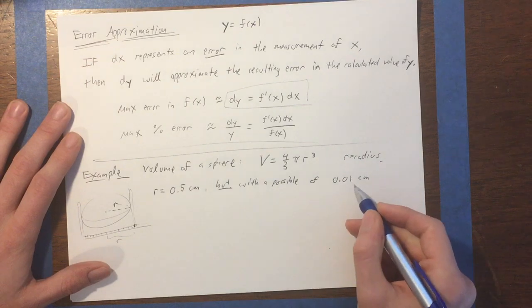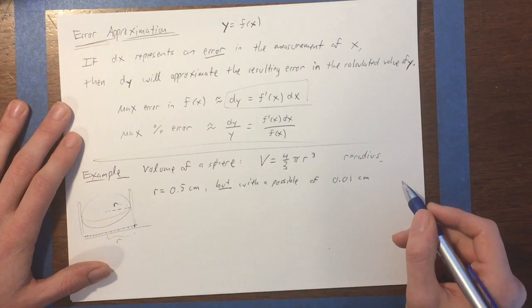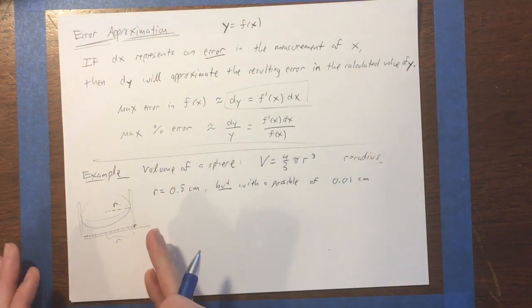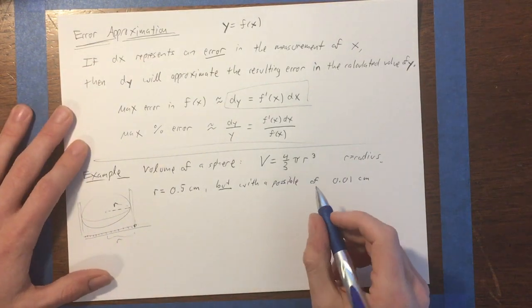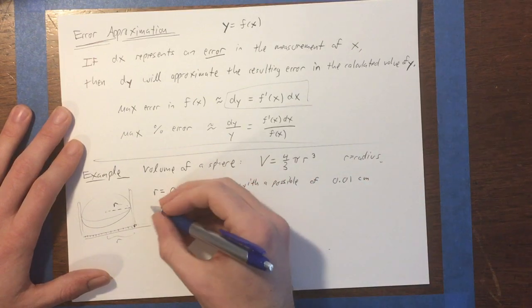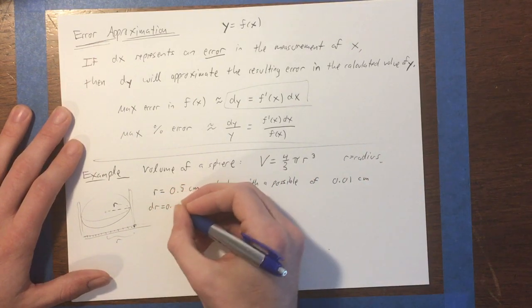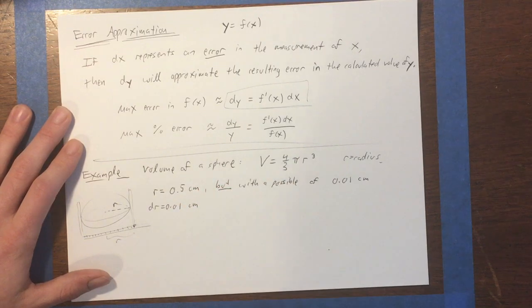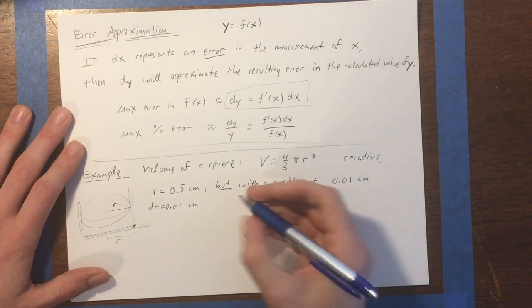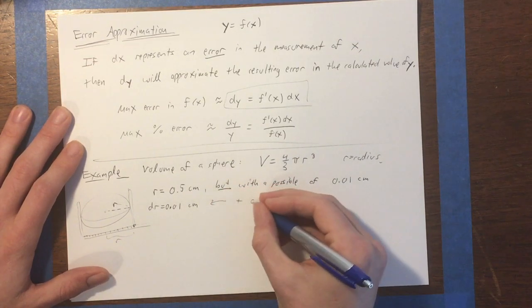This is 1/100th of a centimeter. This is like 1/10 of a millimeter. That's pretty small. So these are some very accurate calipers that we're using. So what that means is our r is 0.5, but our dr is 0.01. We have two independent variables here: the measurement itself and also the possible error in that measurement. And that, by the way, could be plus or minus.